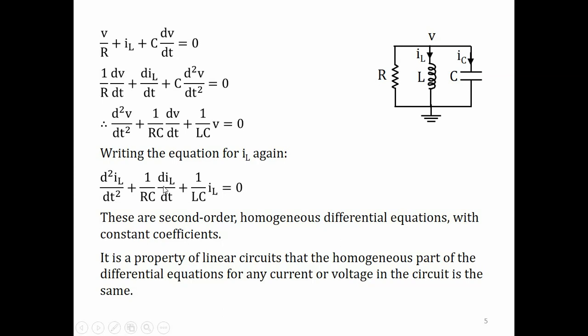They could be functions of IL, then it would be a different type of equation. So these are second order homogeneous differential equations with constant coefficients, and it is a property of linear circuits that the homogeneous part of the differential equation for any current or voltage in the circuit will be the same. We can replace this V with IL, with IC, with IR.